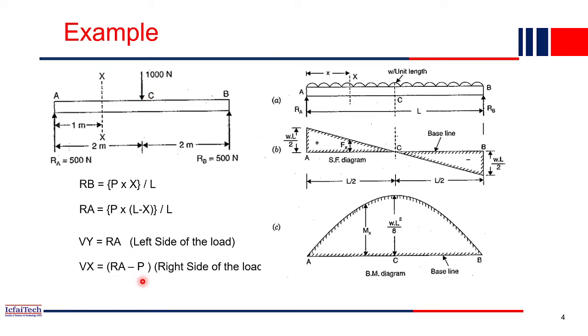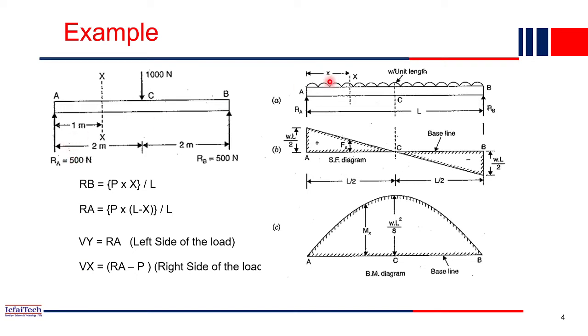So the shear force is RA minus P, because the concentrated load is acting downward. If you take the section to the right of this concentrated load, this is the equation for the shear force. This is a very simple case we have discussed here.